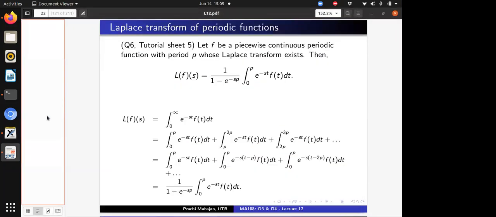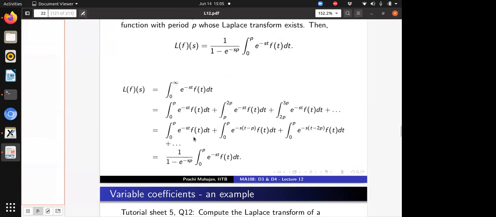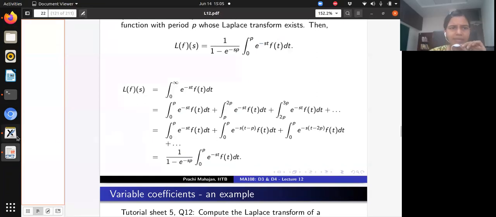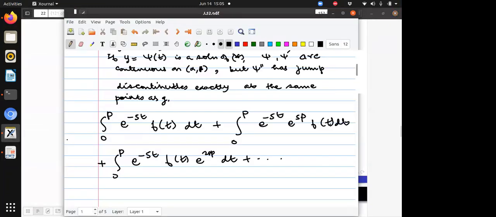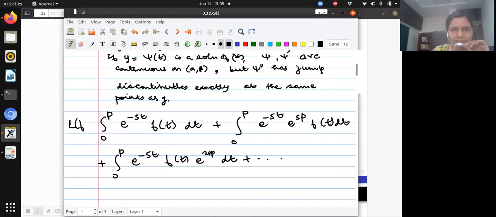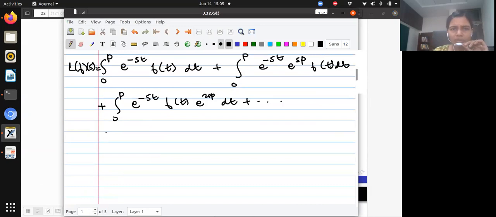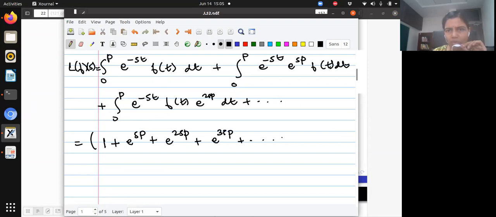Yes, ma'am. That's what I have, right? This is the third equation. I should have a left hand side here. So this is the Laplace transform of the function, right? So all I'm trying to say is I have the following: 1 plus exponential sp plus exponential 2sp plus exponential 3sp and so on.